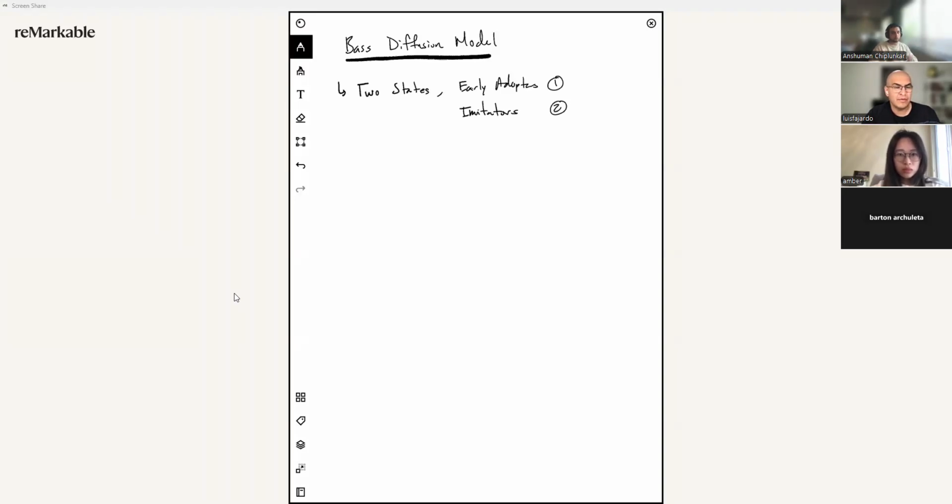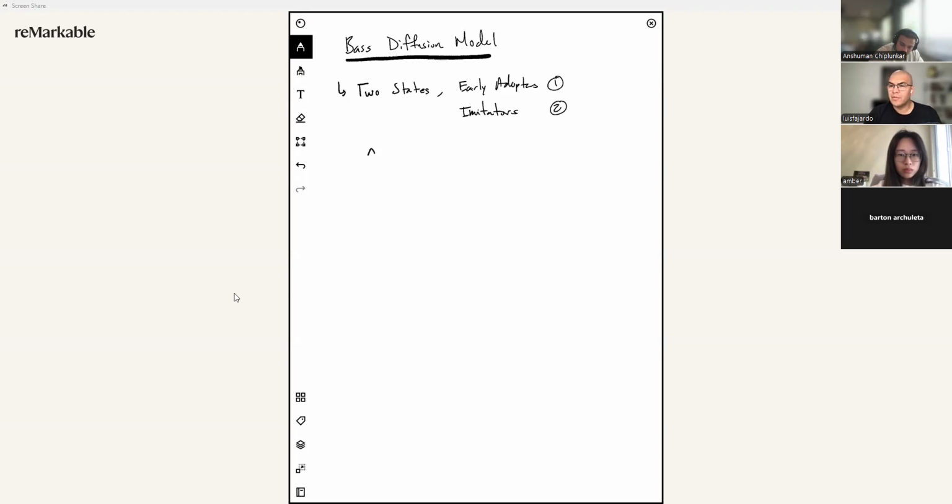The word translation of it is: when you start out releasing a product, early adopters represent the bulk of whoever's purchasing your product. Later on, you have imitators who start representing a bigger and bigger chunk of who's purchasing your product.